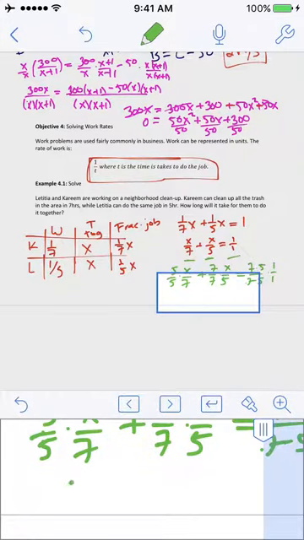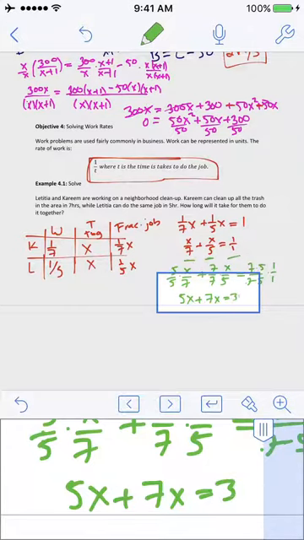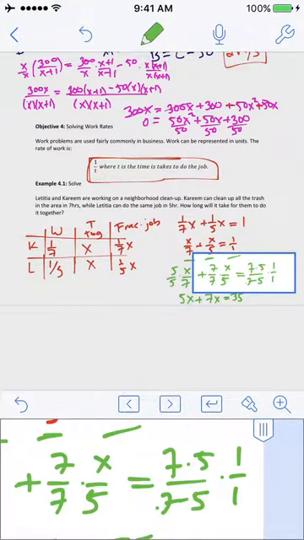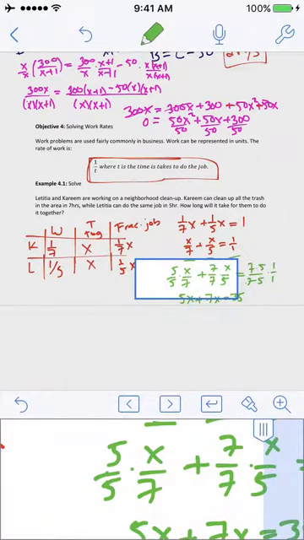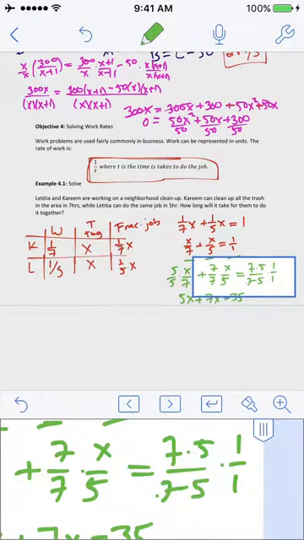So I end up with 5x plus 7x equals 35. Yep, 35. Sorry, not 7 over 7. Yeah, no, not this one. You only multiply by what's missing.